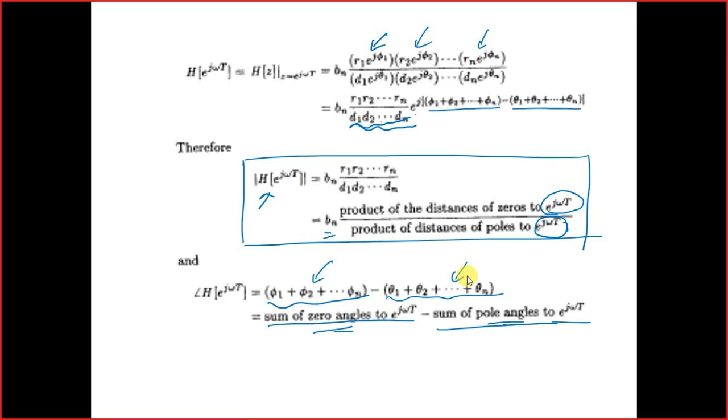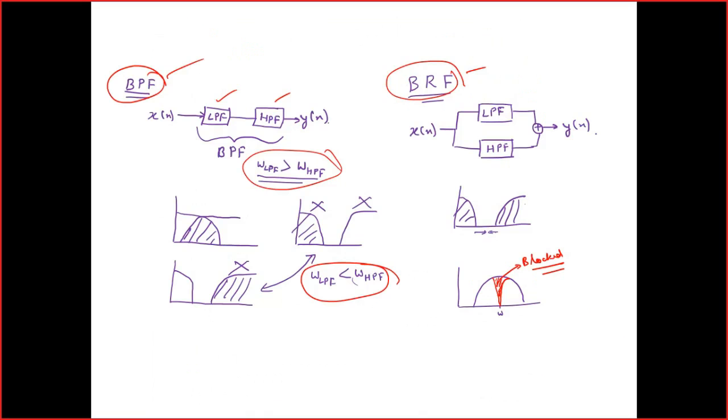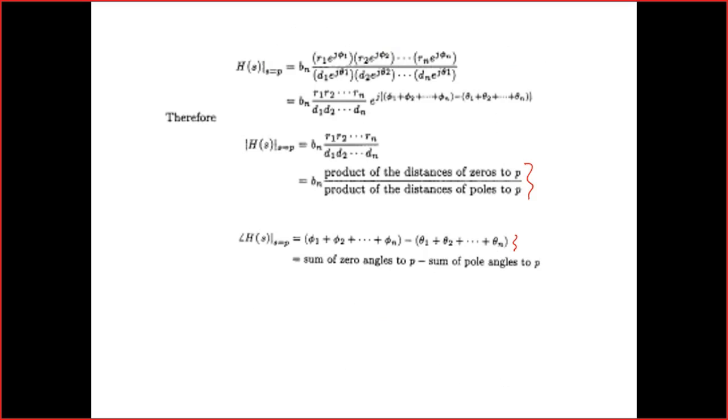If you see, all the parameters we discussed in the previous case during the development of analog filters in the s-plane remain the same: B times the product of the distances of zeros to the point P divided by the product of the distances of poles to point P, and phase given by the sum of zero angles to P minus the sum of pole angles to P. Here only the point where we are analyzing the system changes.